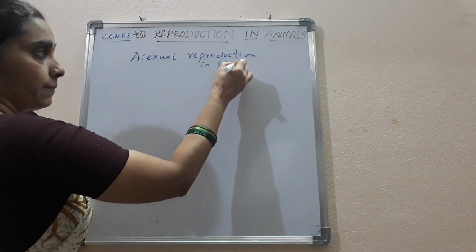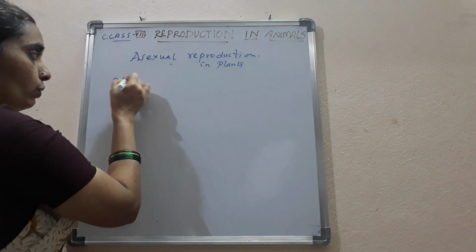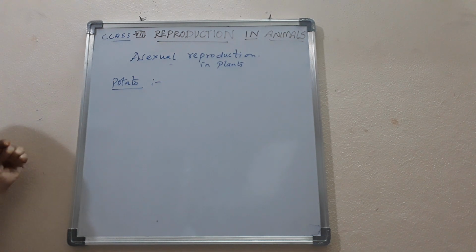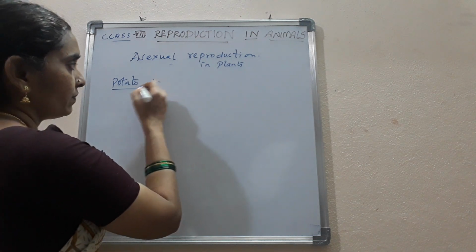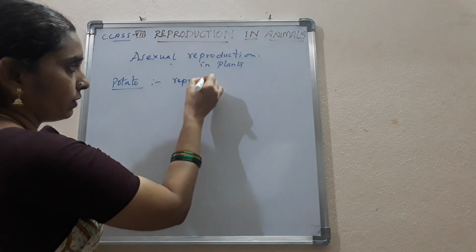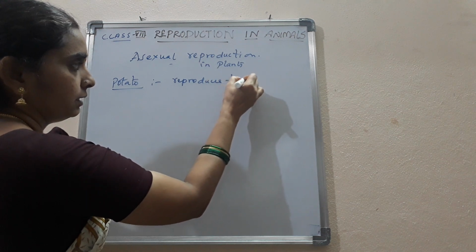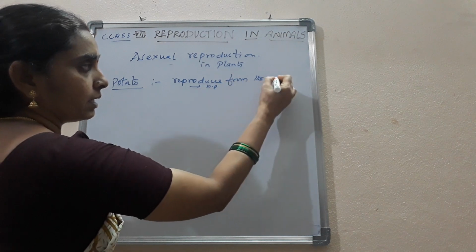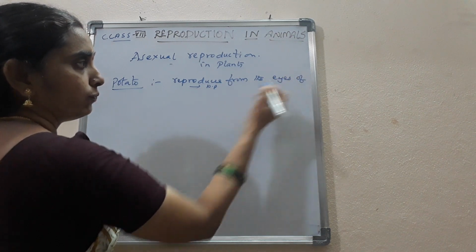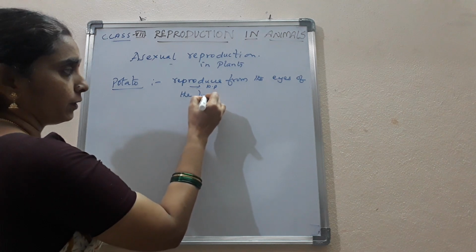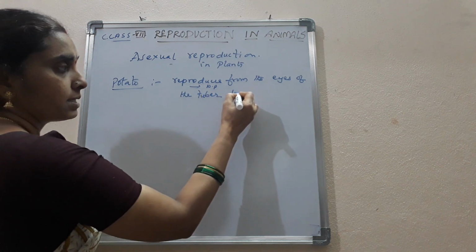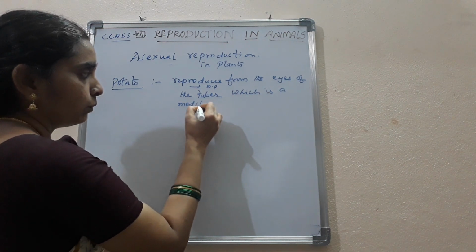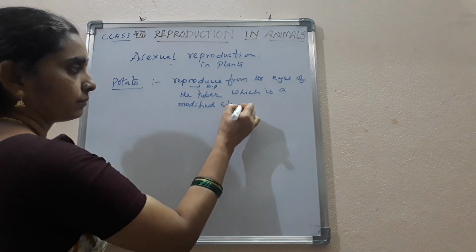In plants like potato, from the eyes of the potato, which is a modified stem, the potato reproduces a new plant from the eyes of the tuber. Potato is a tuber, which is a modified stem. Okay, children?